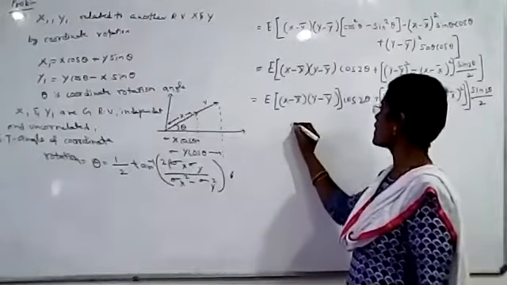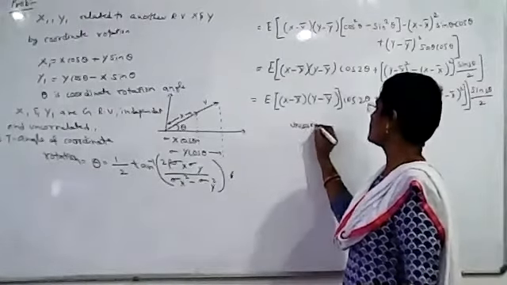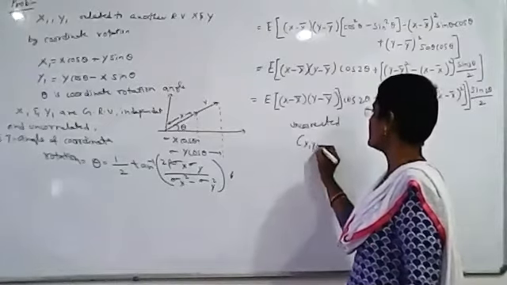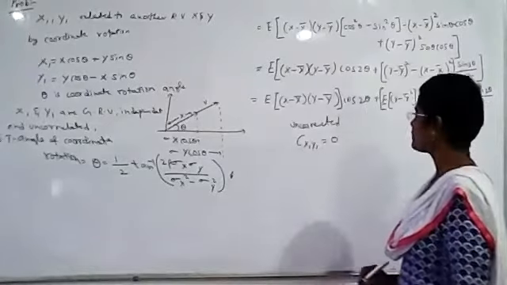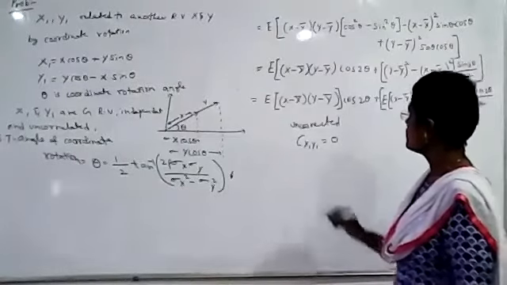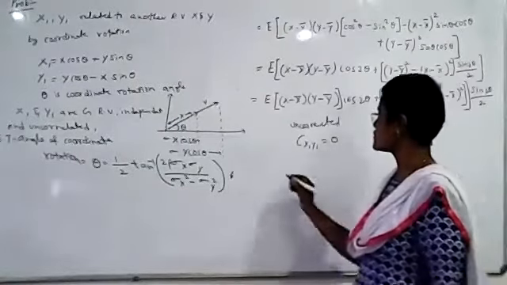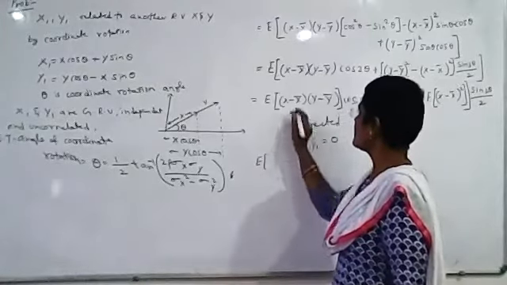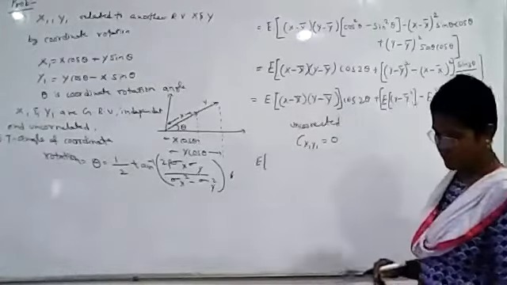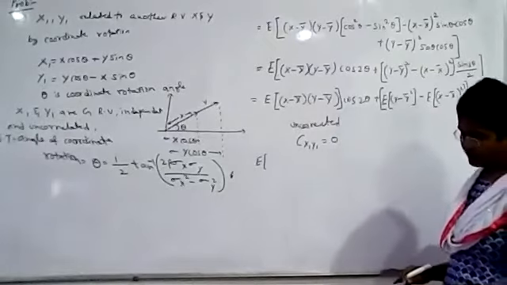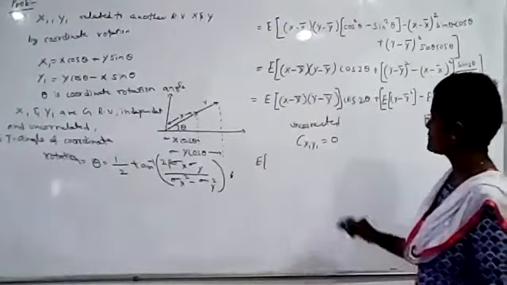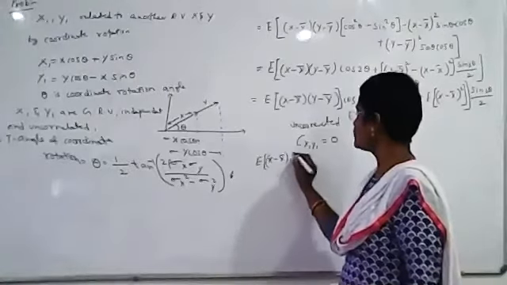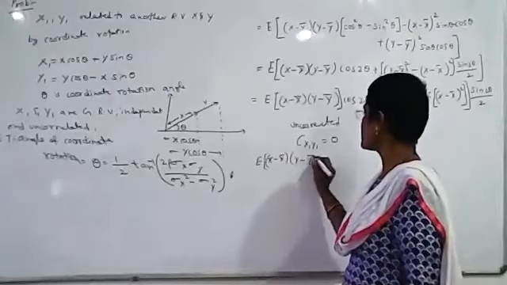Now, since these two are uncorrelated, what is given? It is given that these two are uncorrelated. So, Cx1y1 will be equal to 0. So, we equate this equation to 0. So, we get what? Expected value of x minus x bar into y minus y bar is what?